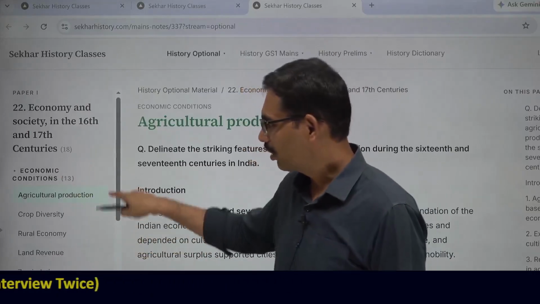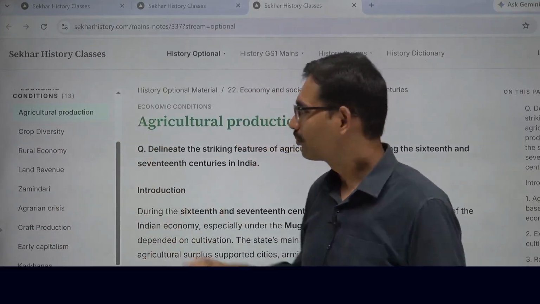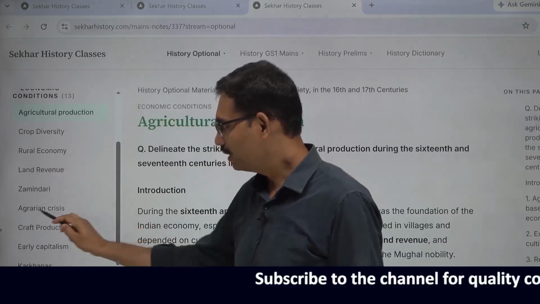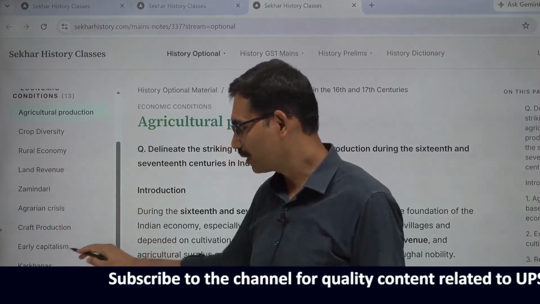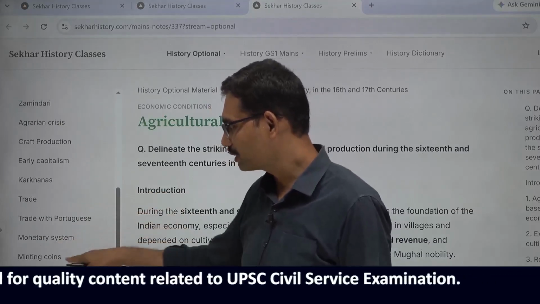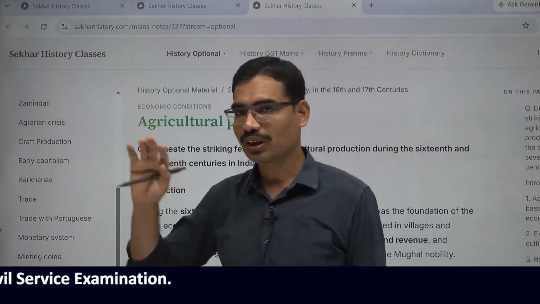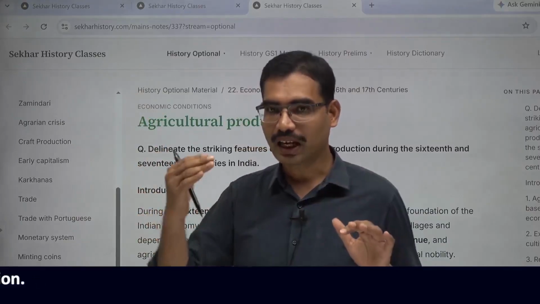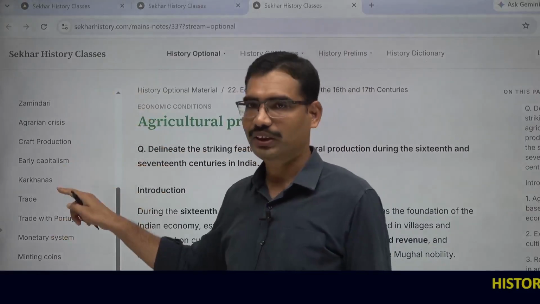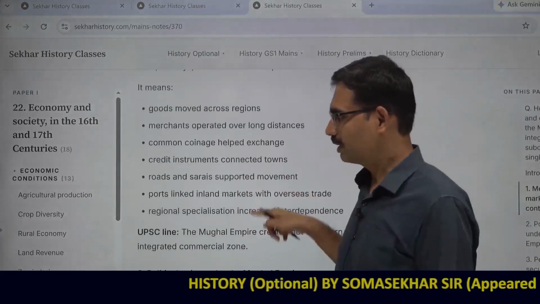In economic condition itself, you can see how many subtopics are there: agriculture production, crop diversity, rural economy, land revenue, zamindari system, agrarian crisis, craft production, early capitalism, karkhanas, trade with Portuguese, monetary system, minting coins. Economic condition during the Mughal time period is the main topic, but under that topic, how many subtopics are there! And one by one, when you click, you will get sufficient content to write in the examination.